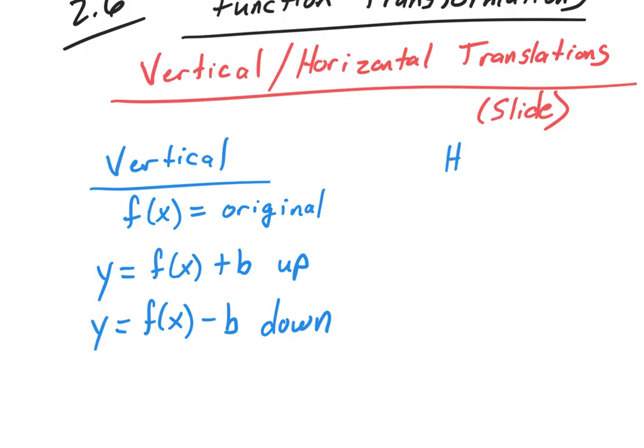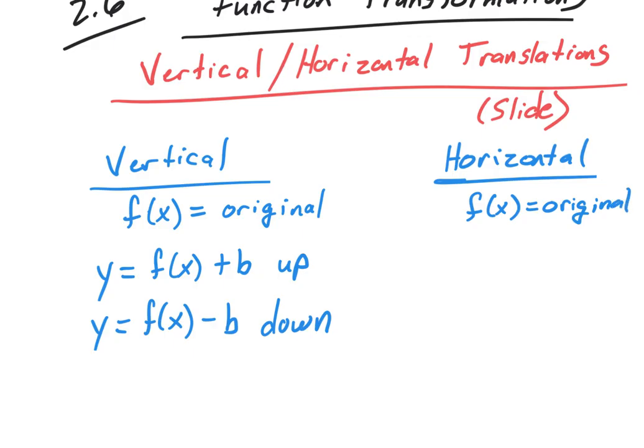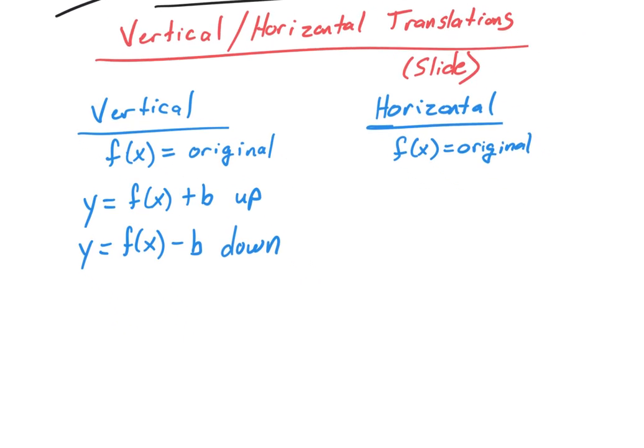A horizontal function is a little bit tricky, or a horizontal movement, I should say. Once again, we're going to start with f of x being the original function, whatever that original function might be. And when we do this one, this is where it gets a little bit tricky.